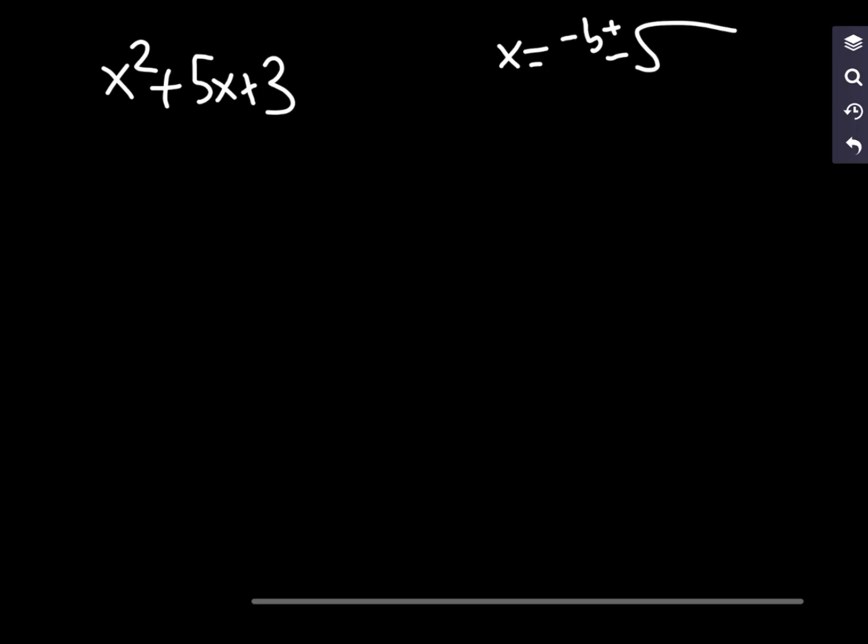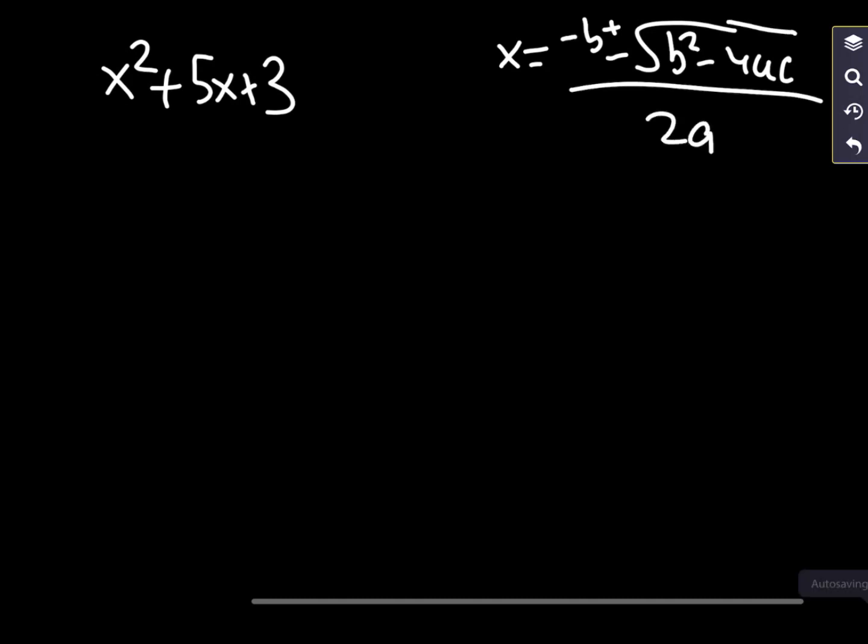So say that we have x squared plus 5x plus 3. Let's use the quadratic formula. Negative b plus or minus square root of b squared minus 4ac all over 2a. And our a value is going to be 1, our b value is going to be 5, and our c value is going to be 3.